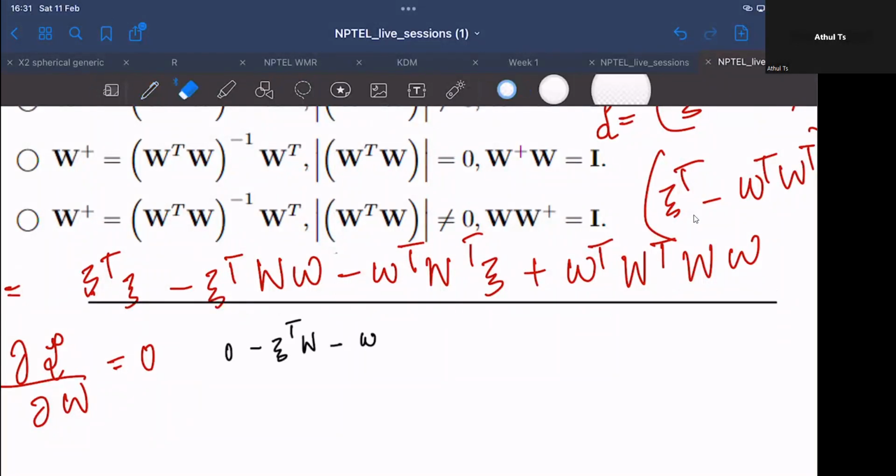Zeta transpose omega. The third term would also be zeta transpose omega.